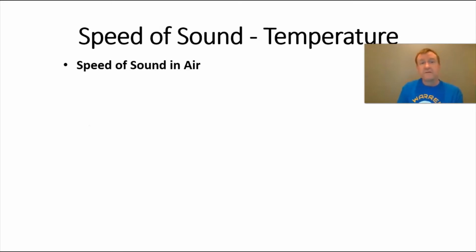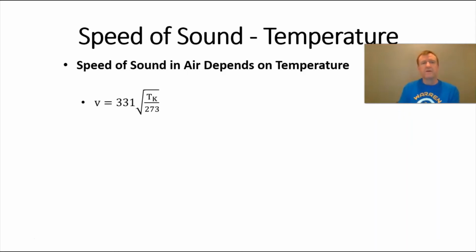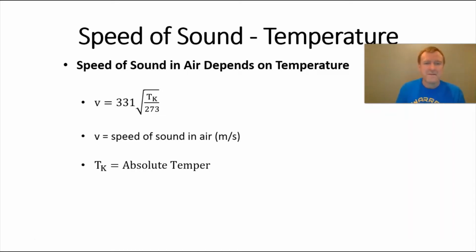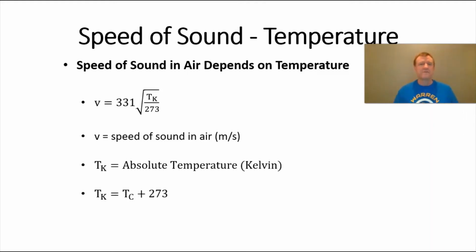Now, the speed of sound does depend on temperature, and it's given by this equation: 331 times the square root of T_K, that's the absolute temperature in Kelvin, divided by 273. Here are the conversions. Kelvin and Celsius are just 273 different. If you remember, absolute zero is 0 Kelvin, which is minus 273 degrees Celsius.